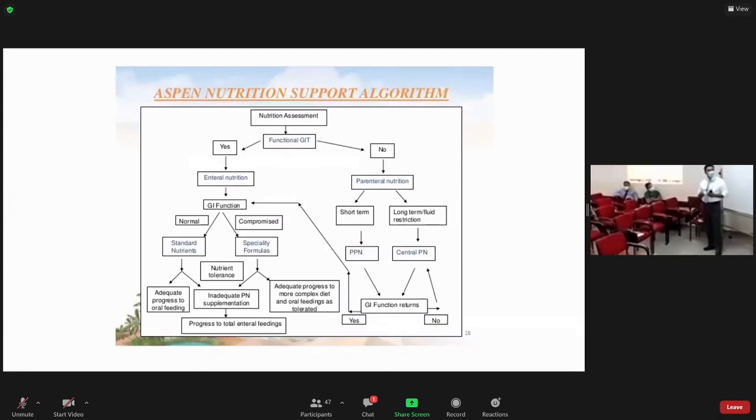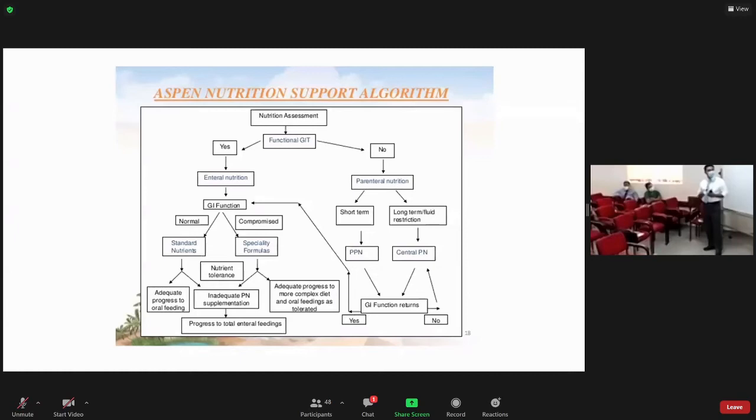If the gut is there, then we consider enteral nutrition as the first option. If GI function is compromised, we have to use specialty formula. We use semi-elemental formula in certain diseases like pancreatic insufficiency, malabsorption. That is one example. If GI function is not compromised, it is normal, we use standard nutrients.